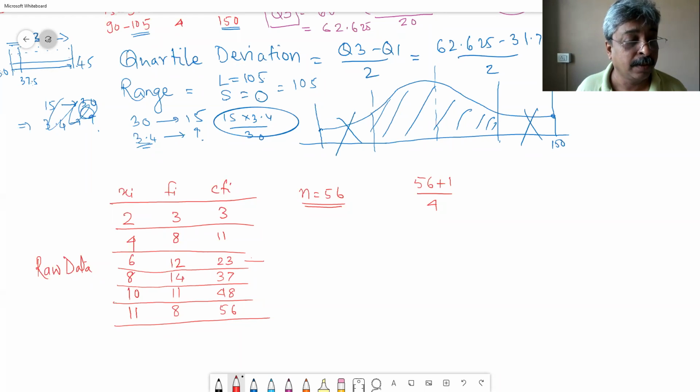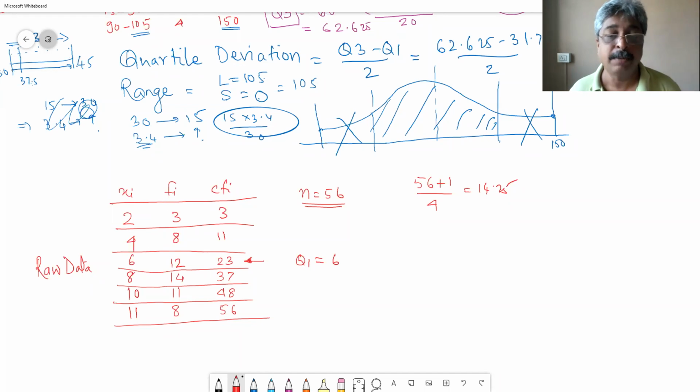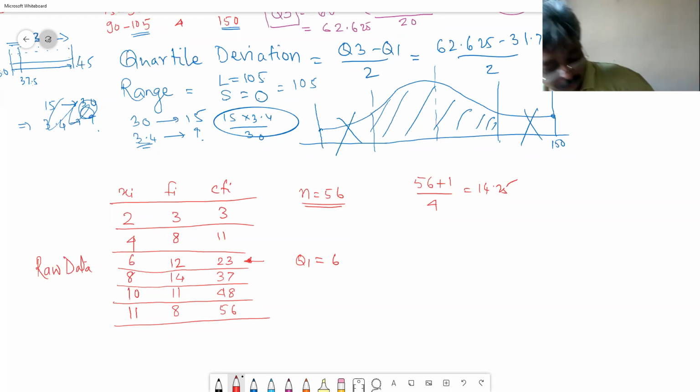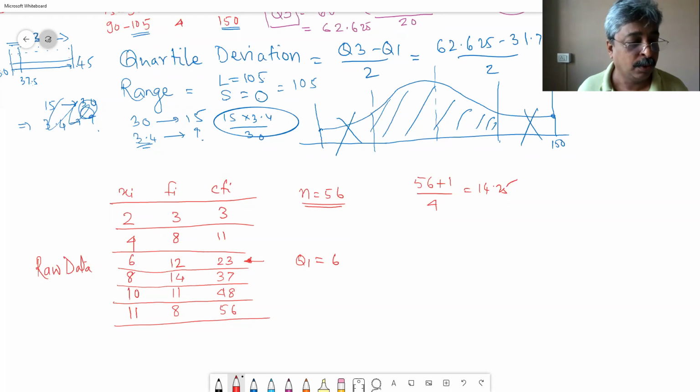So it will be here, some 14.25 or something like that. So it will be this observation, correct? So Q1 is equal to 6, and 3 times 14, so that's 42.75. 42.75 is here, correct? Therefore Q3 is equal to 10.